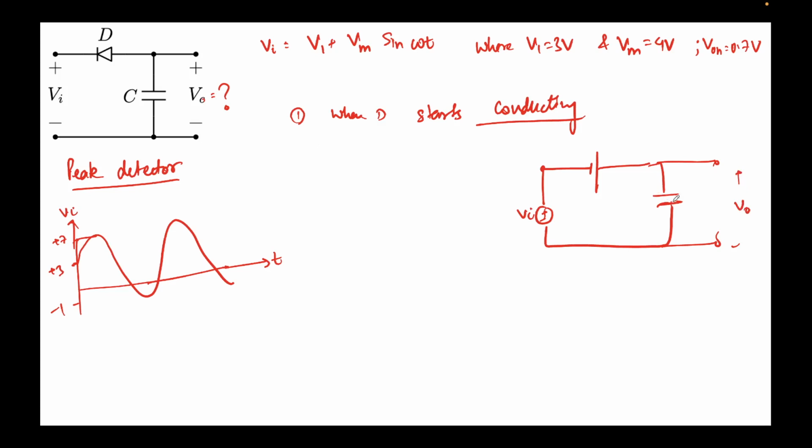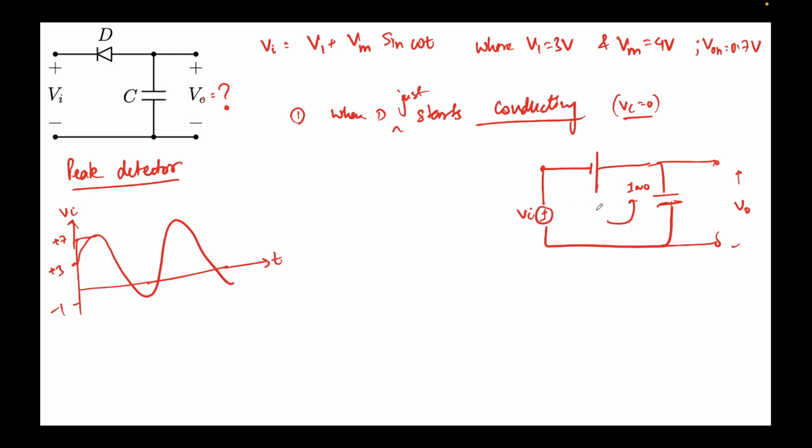Just as it starts conducting, Vc is 0 because there's nothing to charge this capacitor, and the current I is very close to 0 because it just started.